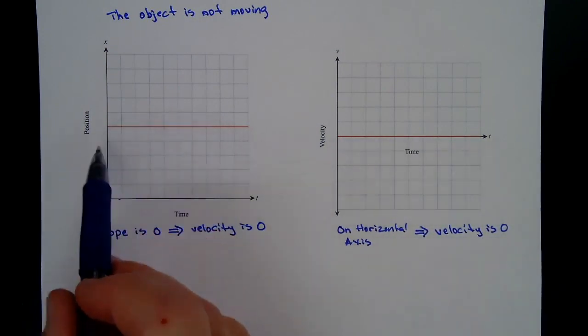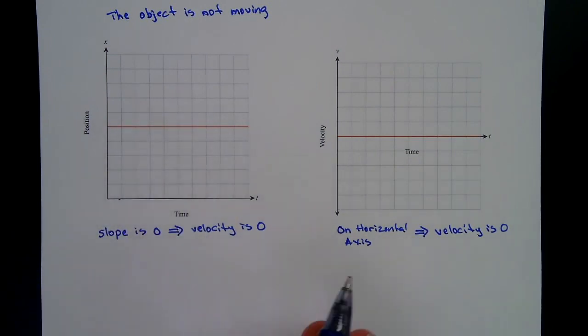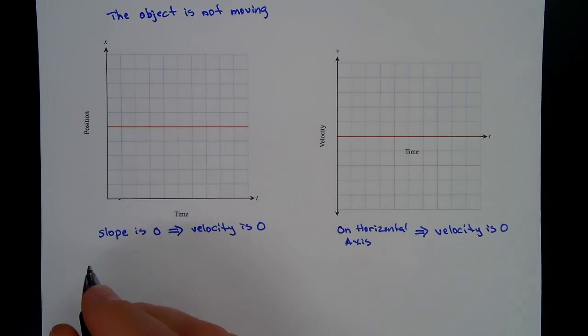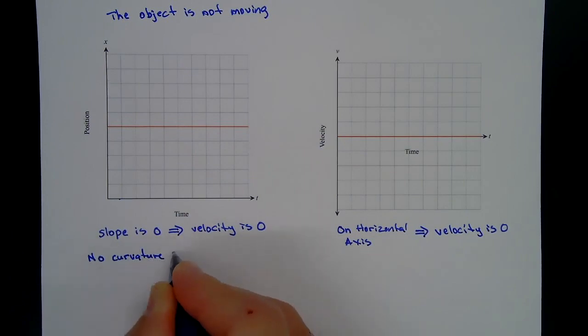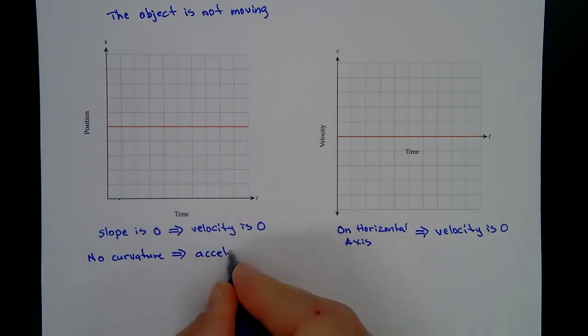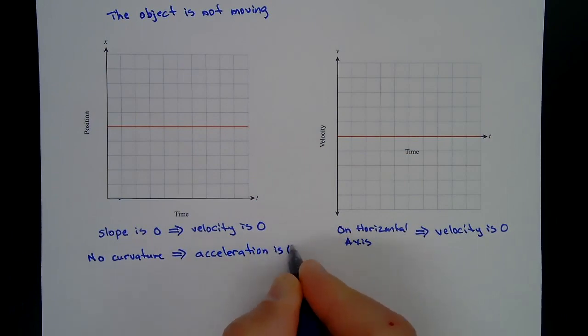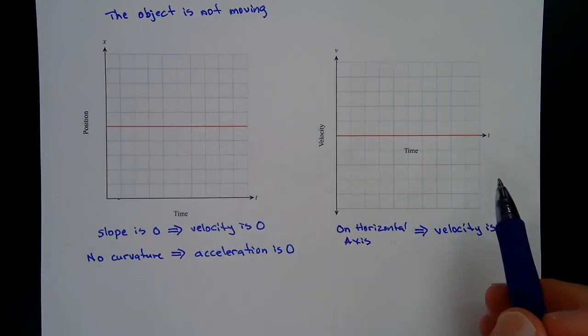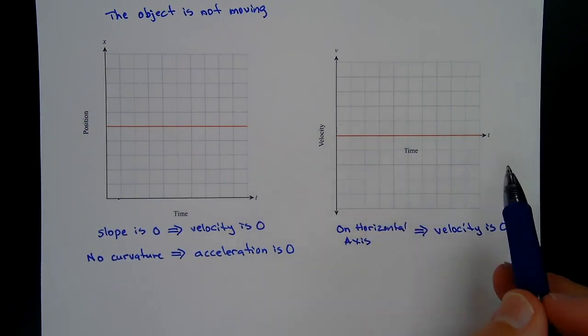Okay, now there's no curvature to this, right? It's not bending up, it's not bending down, it's doing neither. That also means that there's no curvature. So what that means is the acceleration is also 0. So over here, the slope for a velocity time graph is the acceleration.